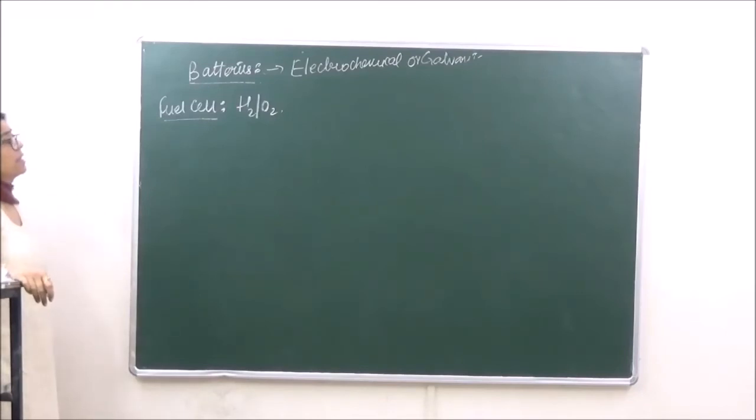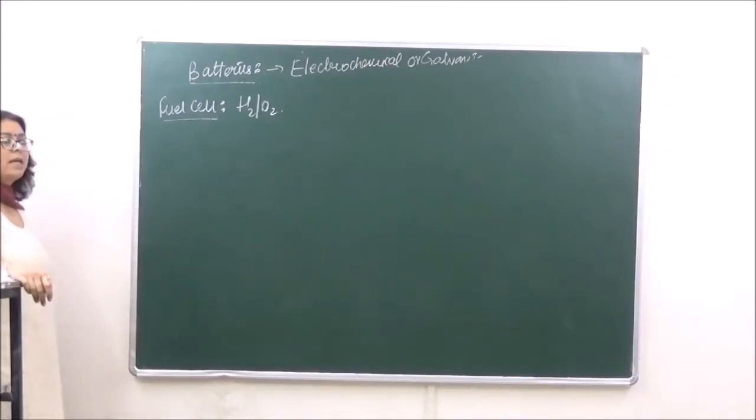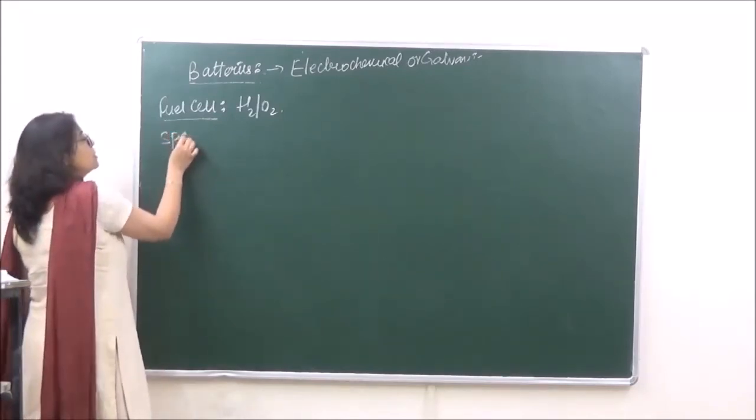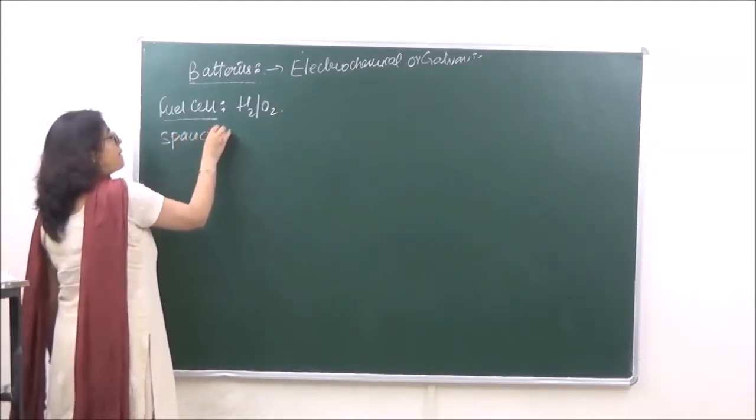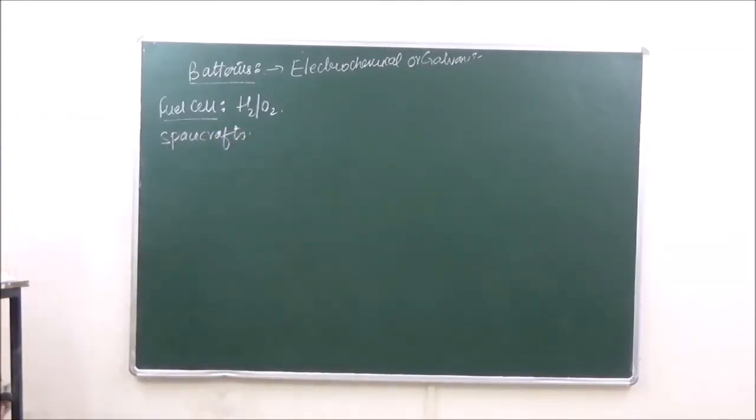Why? Because in this we are providing certain gases from outside whose supply cannot be cut down easily. So the efficiency of this cell is larger than the other cells, and generally this kind of cell is used in spacecrafts.